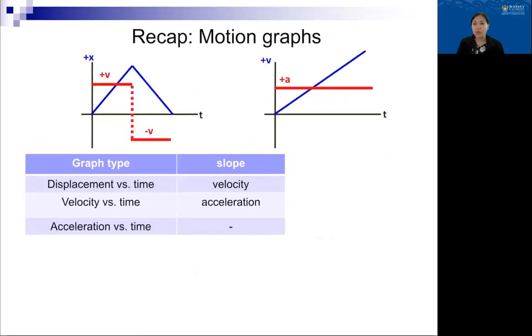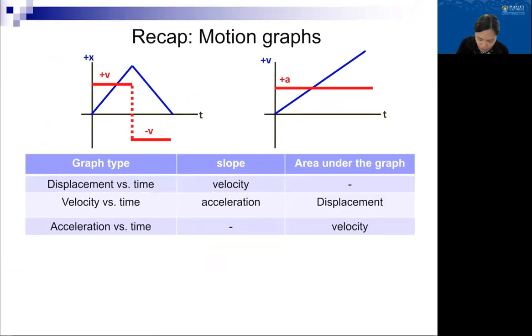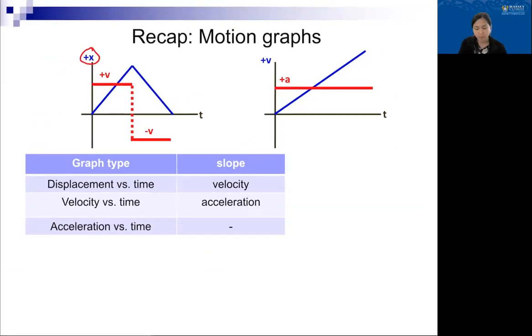So to summarize our motion graphs, if you have a motion graph that's position versus time, or displacement versus time, the slope of that will give you the velocity. Here in this graph you have position x on the y-axis and time on the x-axis.